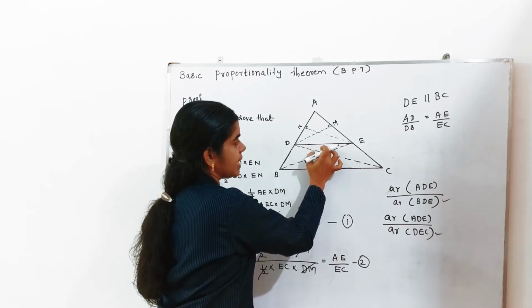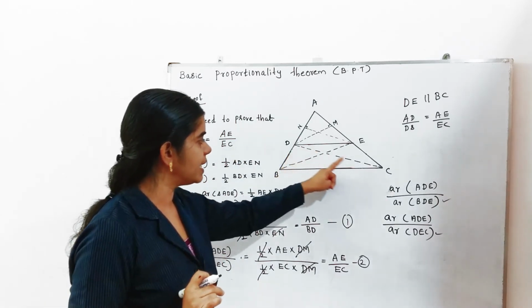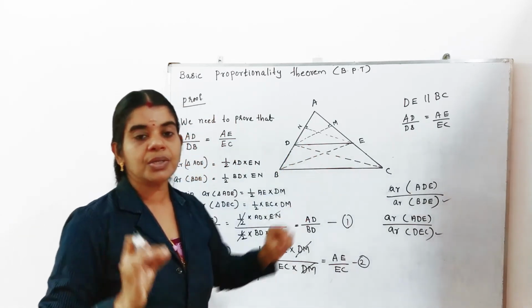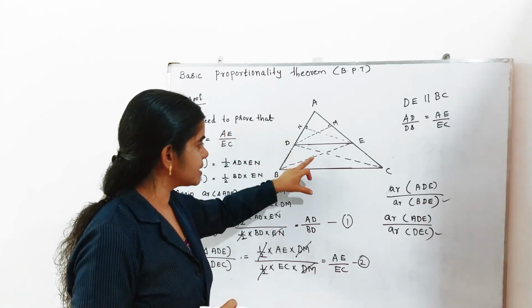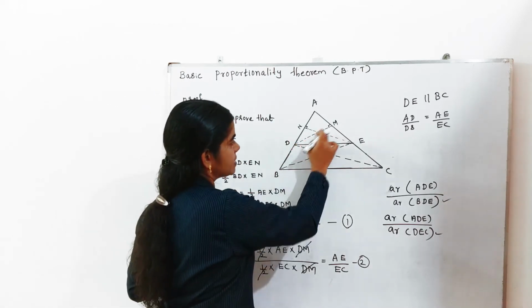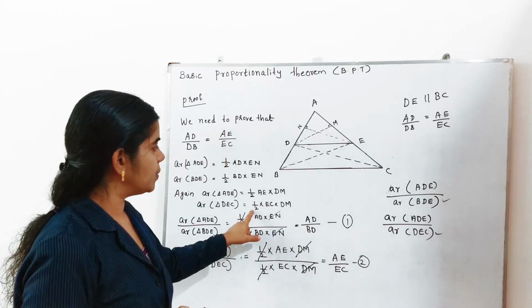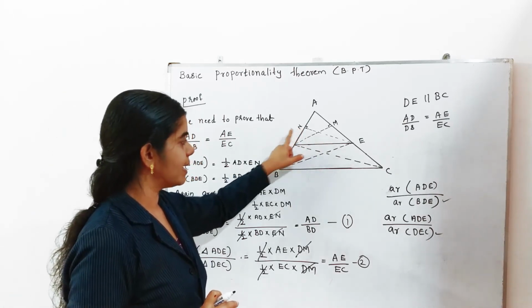Then on the same base DE, we are getting two triangles, that is BDE and CDE. Those two triangles' areas you want to take. If you are taking BDE's area, this will be its base, and the height will be EN: half into BD into EN.